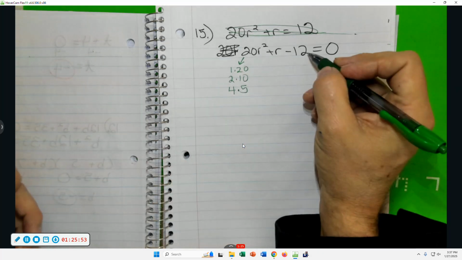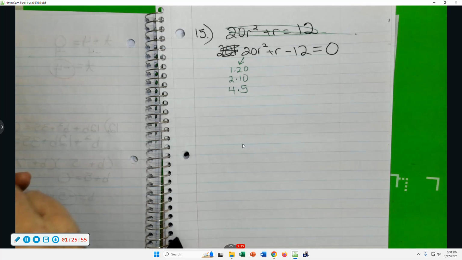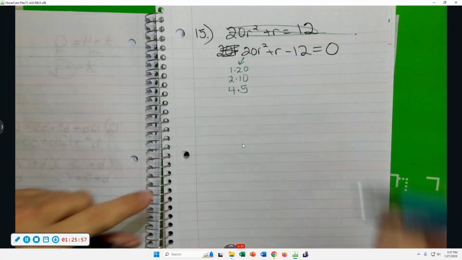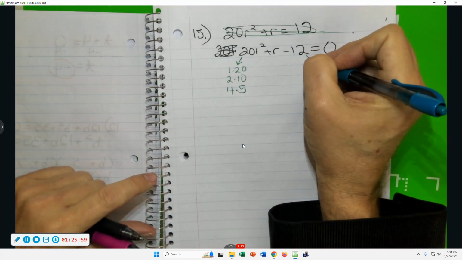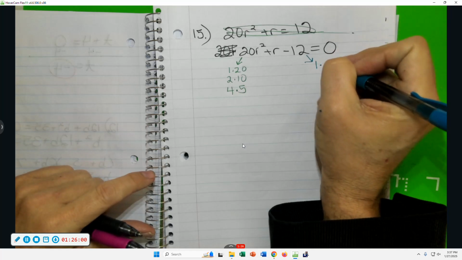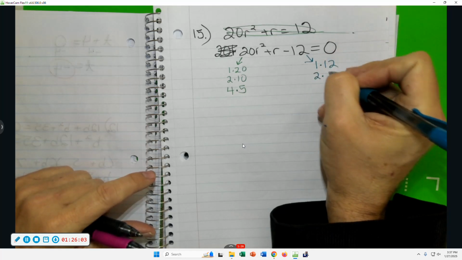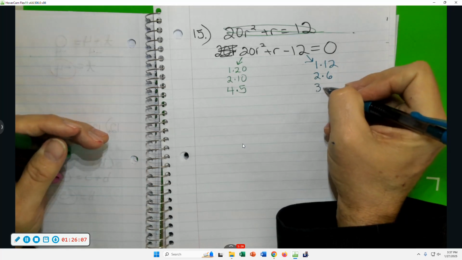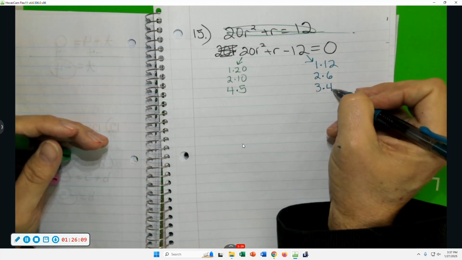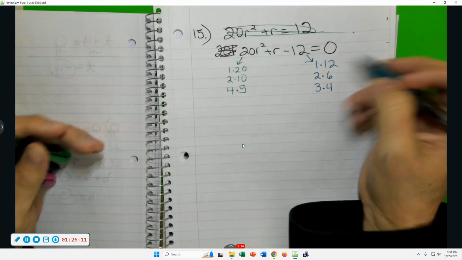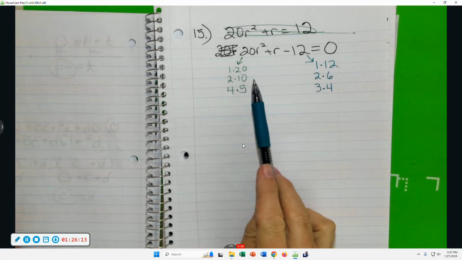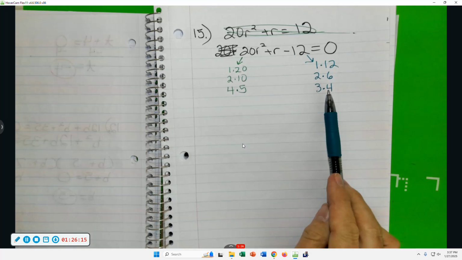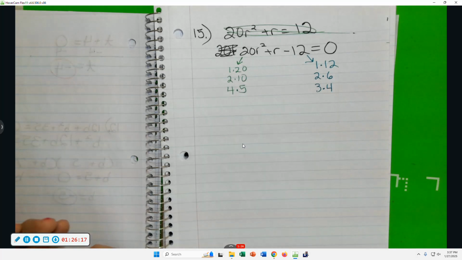Now let's do the possibilities of 12. What are the factors of 12? I'll get them going. 1 times 12. 2 times 6. Moving on, 3. 3 times 4. 4 we already have listed, so we've listed up. There are 3 pairs for 20. There are 3 pairs of factors for 12.